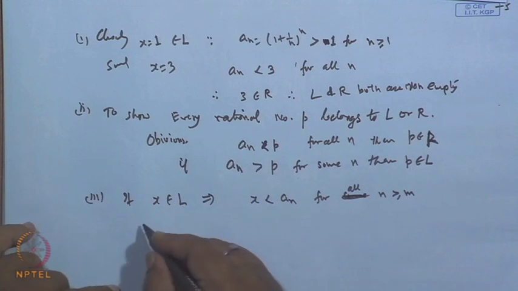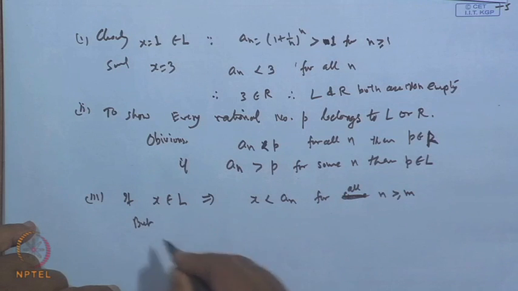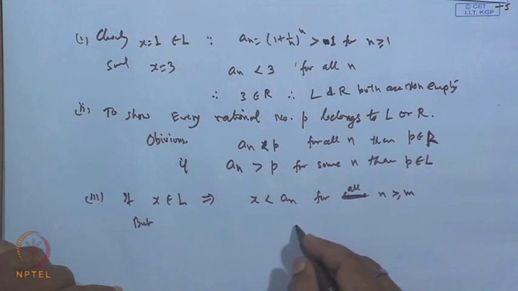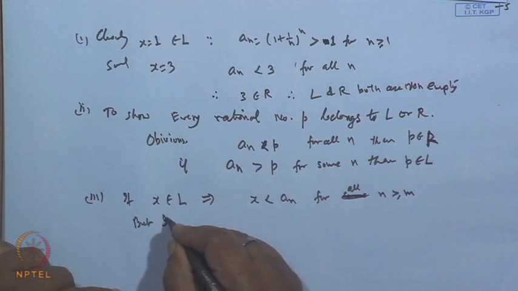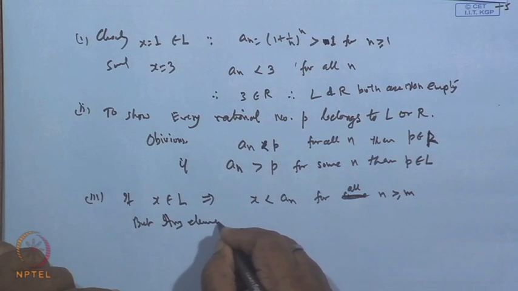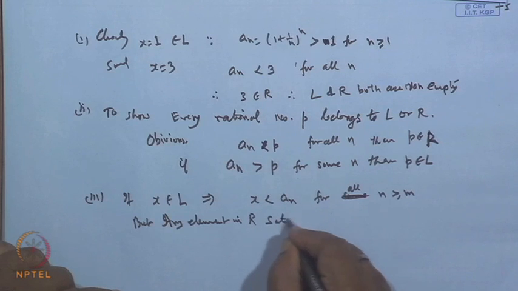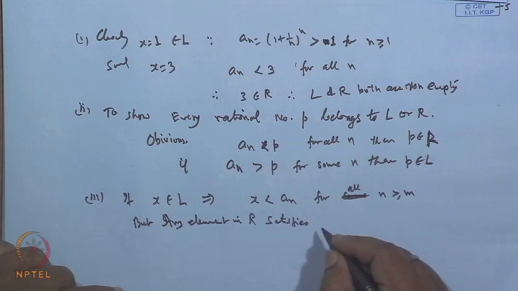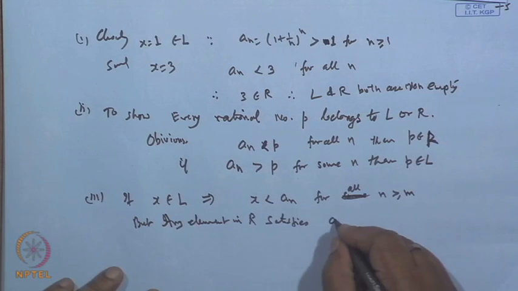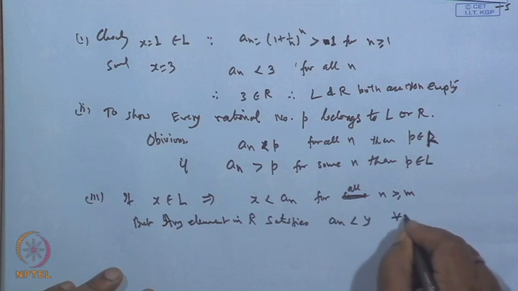But if x is in the lower class and y is any element in the upper class R, it satisfies this condition: a_n is less than y for each n.